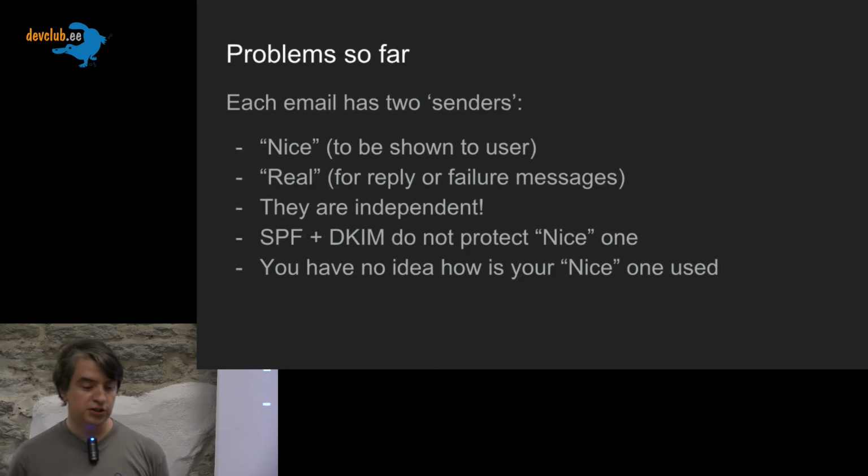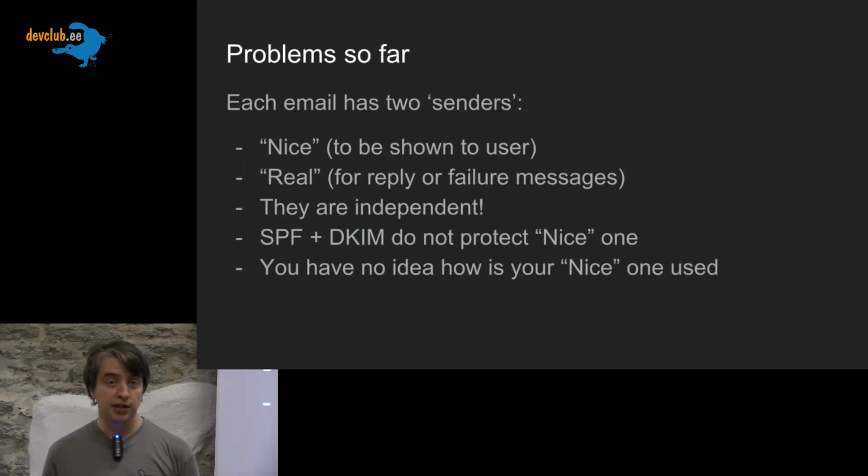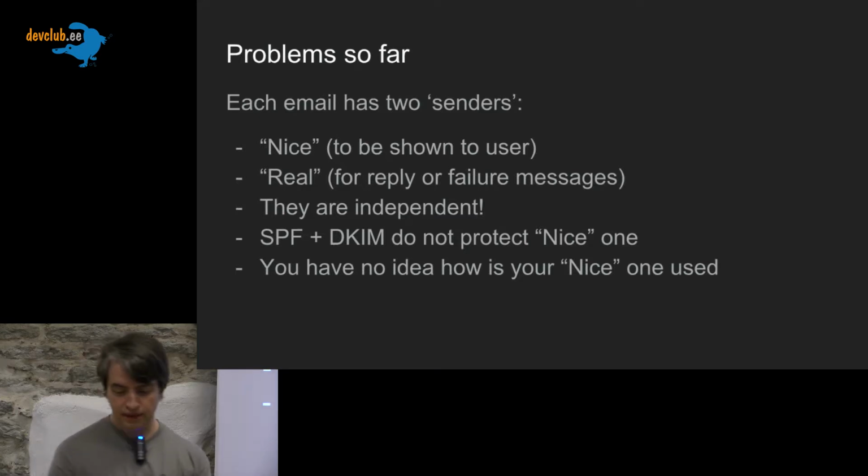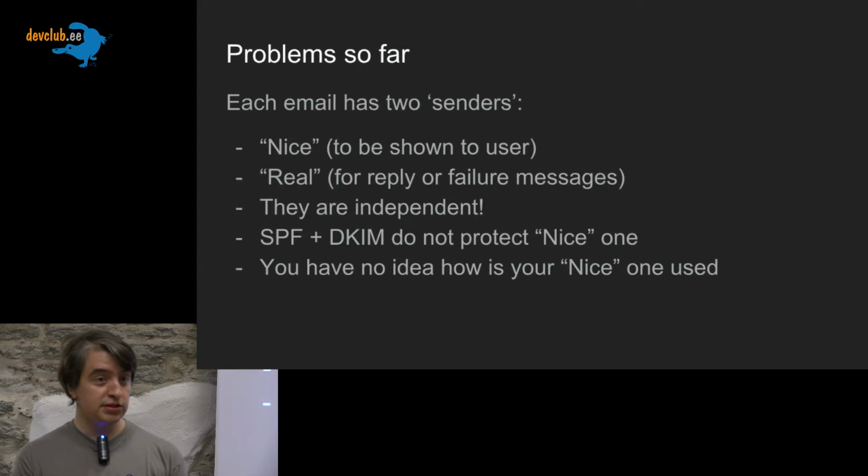And both technologies, SPF and DKIM, don't protect the visible email address. So if I use my domain to sign a message and send it from my domain, I still can put his email to be from, and it's very likely that you will not notice it. And the second problem is coming from the previous problem. You don't know who is using your email.